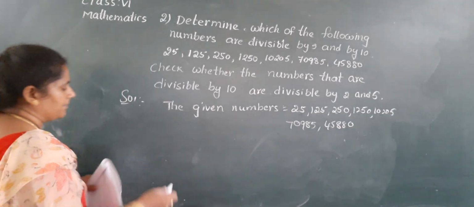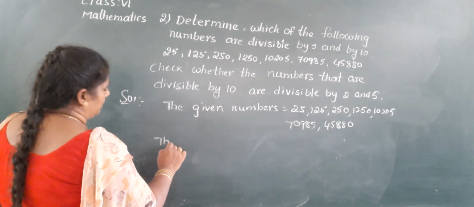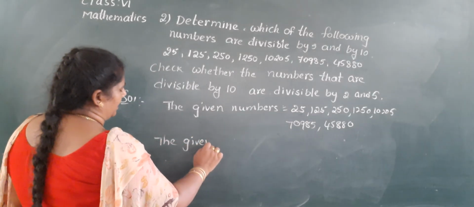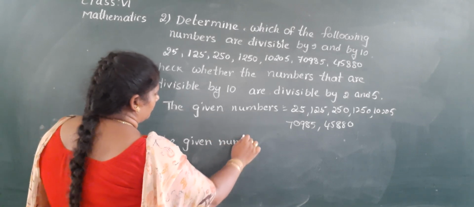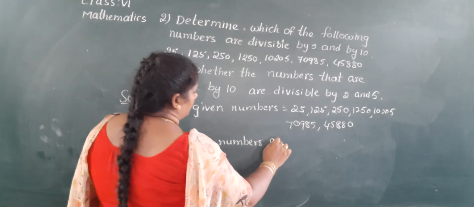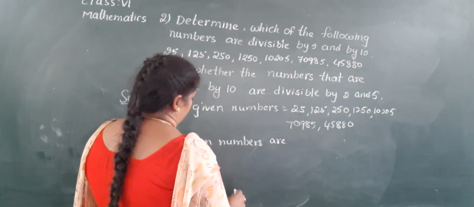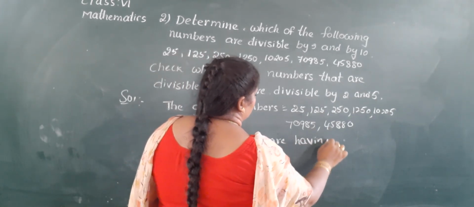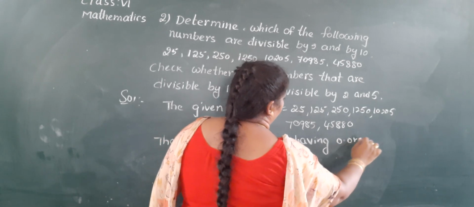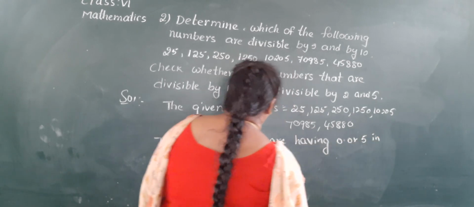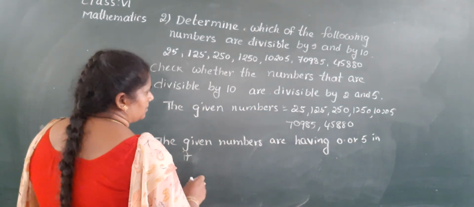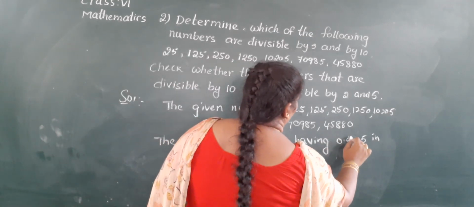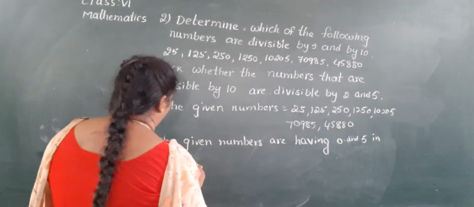Let's write down. The given numbers are having 0 or 5 in the units place.